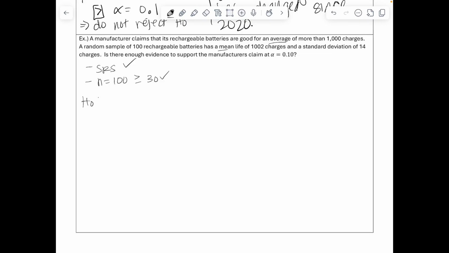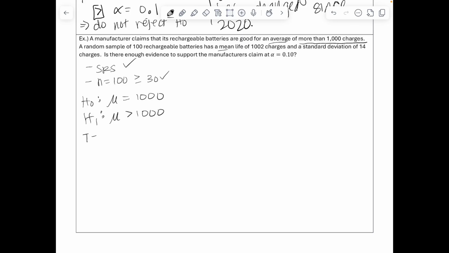The next thing that we would have to do is write down our null and alternative. Since we're dealing with means, I'm going to go ahead and put a mu here for both. And the average that they have, it says that they're testing more than 1,000 charges. So greater than 1,000 charges for our alternative. And our null would be equals to 1,000 charges.